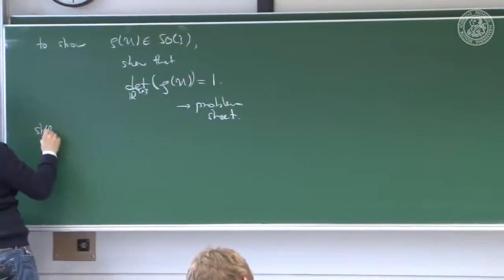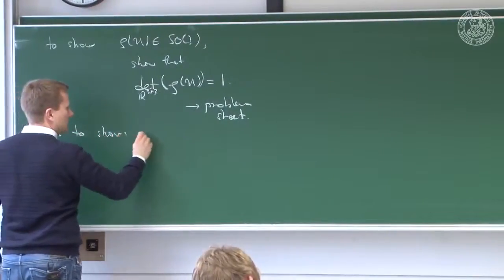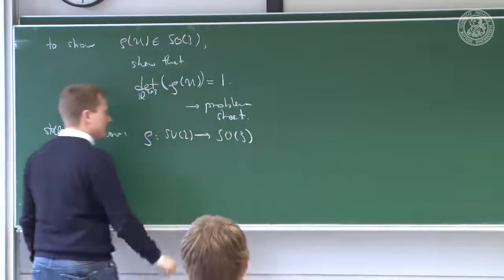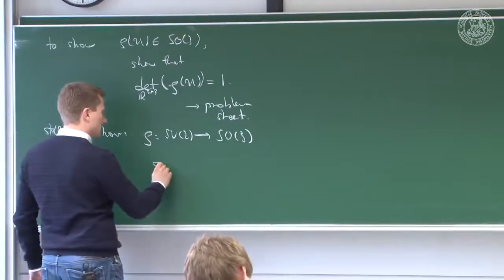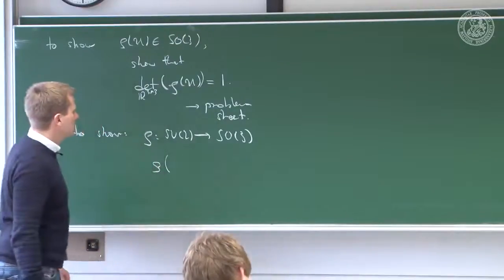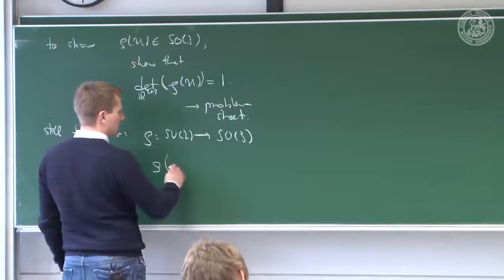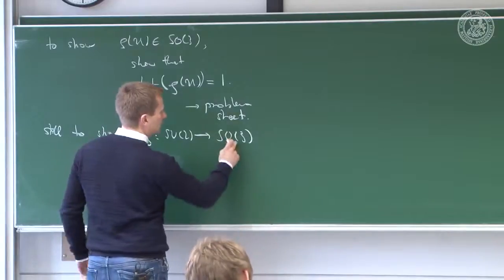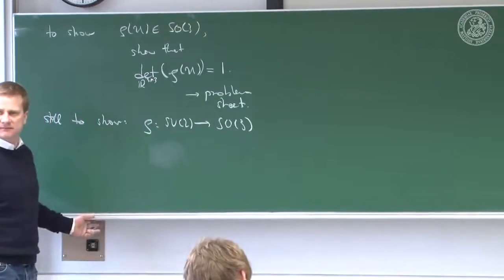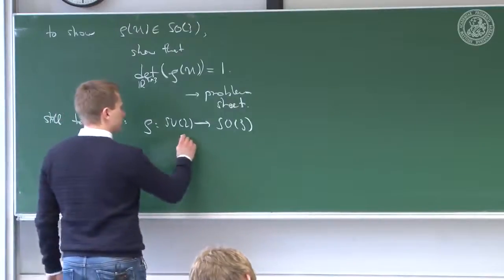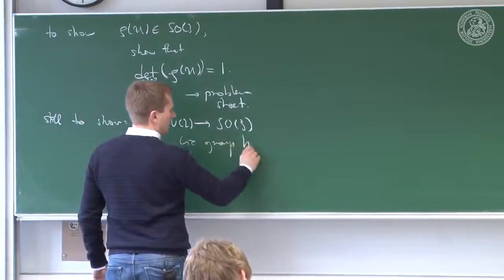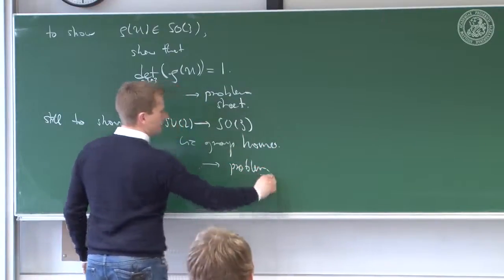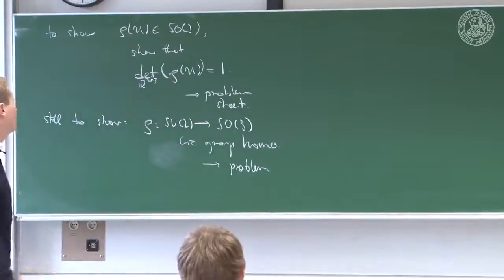Still to show that this map rho is a Lie group homomorphism, so rho of two guys from here, one after the other, is the same as the composition of the two images here. I also leave this to you, because it works like the stuff we did before, problem sheet.